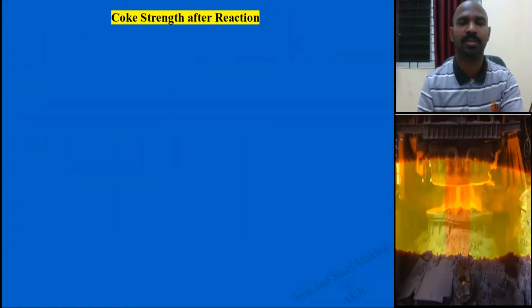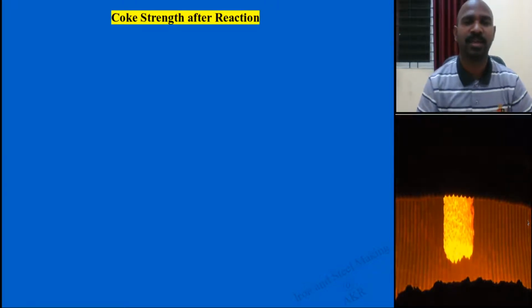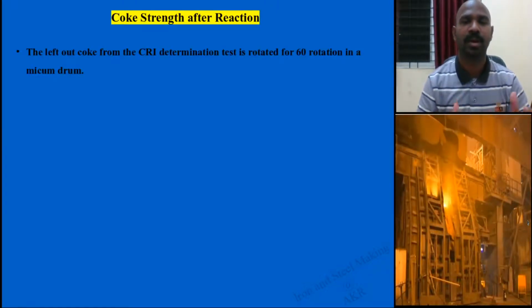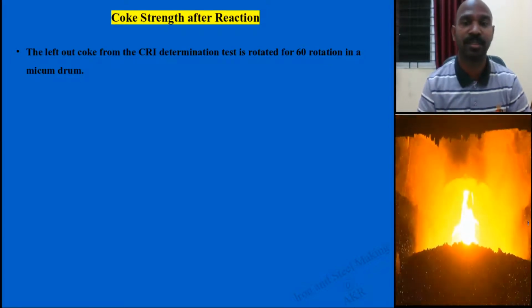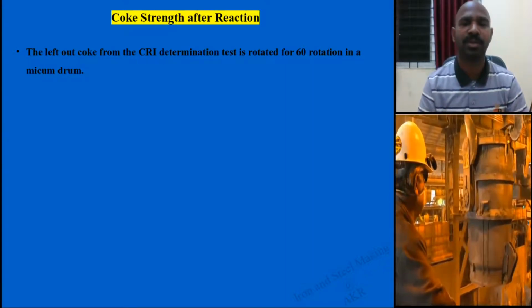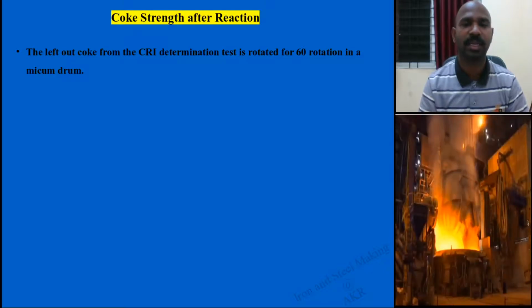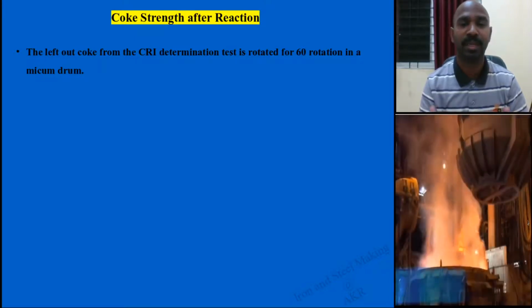Now coming to the coke strength after reaction. How do you calculate it? The coke left out after the coke reactivity index determination, the residue remaining after the weight loss, is taken out and put in a Micum drum and rotated for 60 rotations.